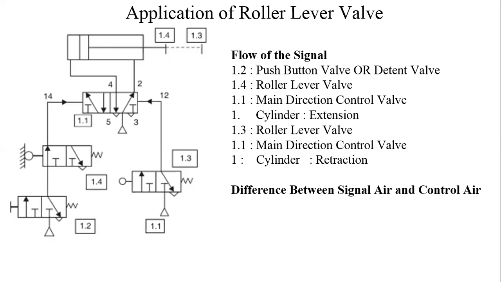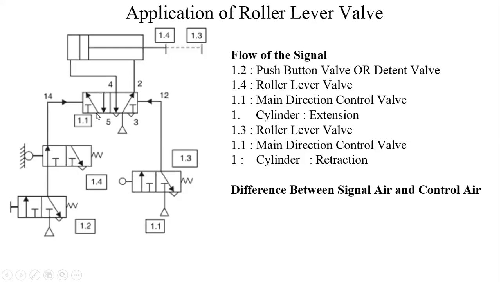Then in the roller lever type of control valve 1.4, it activates the left position. Therefore signal air will go to the main direction control valve, and this signal here, which is nothing but pilot signal, activates left position of main direction control valve or final direction control valve 1.1.